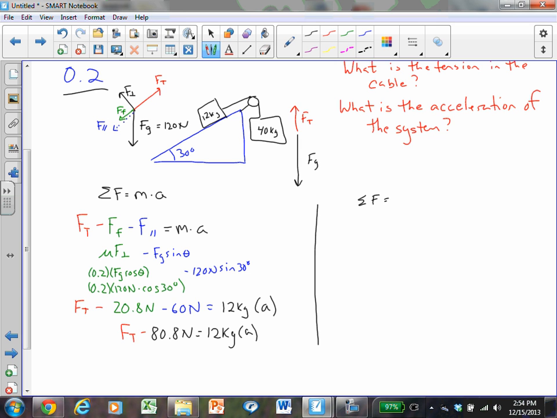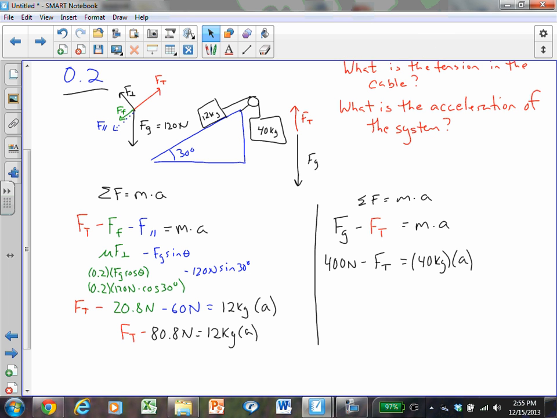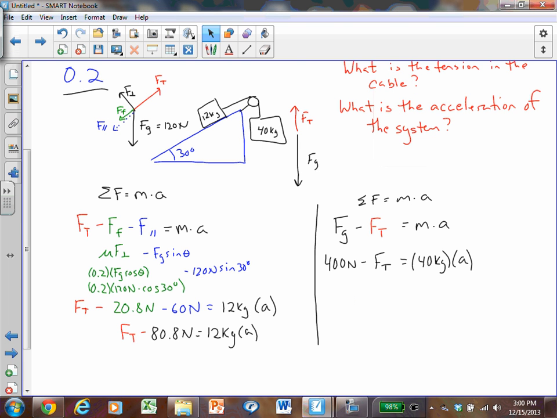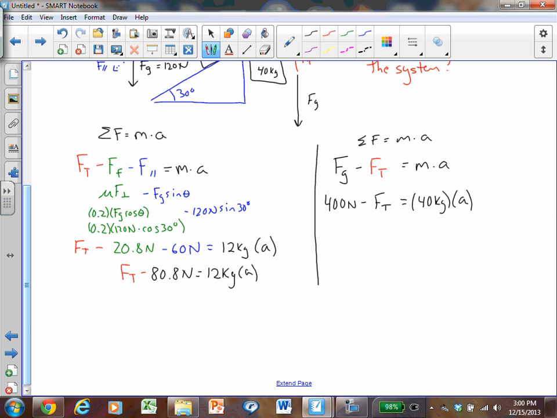Now, the one that's hanging, we do the same thing, but now our winner is Fg and our loser is Ft. Those are the same Ft's though, equals mass times acceleration. Fg would be 400 newtons minus Ft equals 40 kilograms times A. And now, let's take this one right here and solve for Ft.